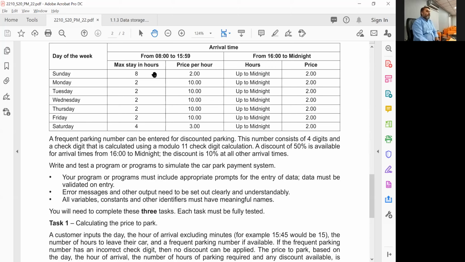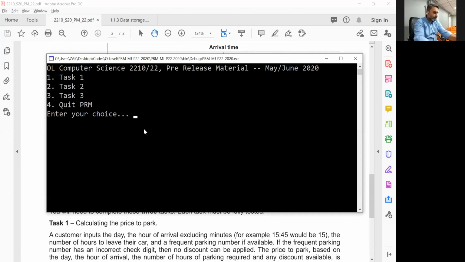So let's say on Saturday someone is staying for 4 hours, but 2 hours before 1600 and 2 hours after 1600. In task 1, what is happening? Let's check. Someone arrives on Saturday at, let's say, 1400 hours.